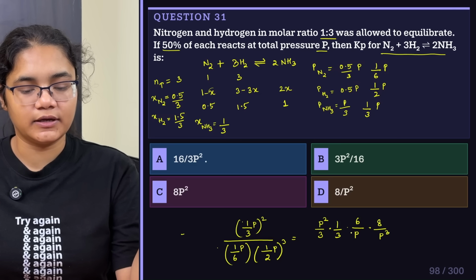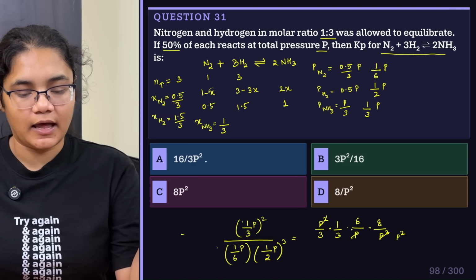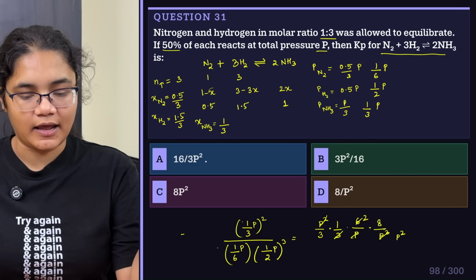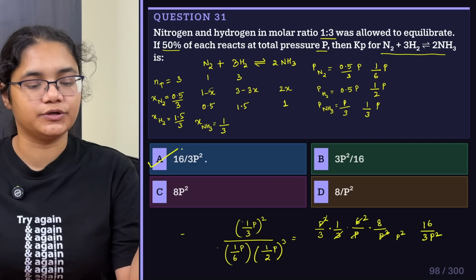So P square will get cancelled, and I will have just P here. And the 3s and 2s you can cancel here, and I will have 16 by 3 P square, which is there in option number A.